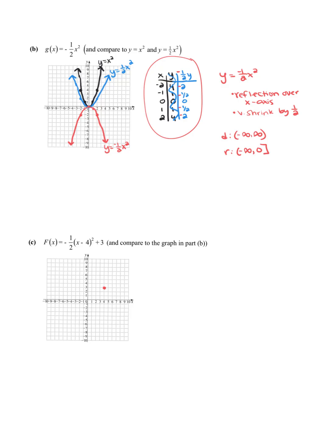So from here, we can go negative 2, negative 2, and then negative 1, negative 1/2, 0, 0, 1, negative 1/2, 2, negative 2.